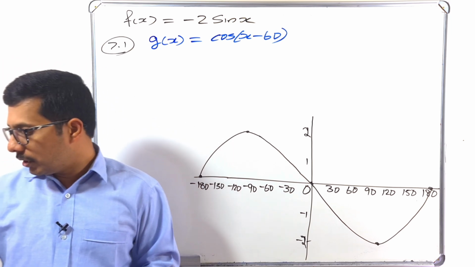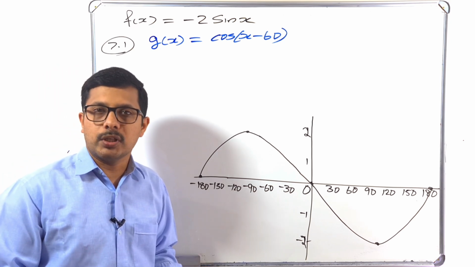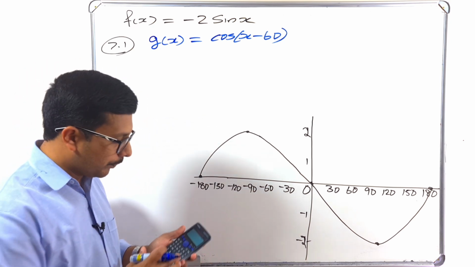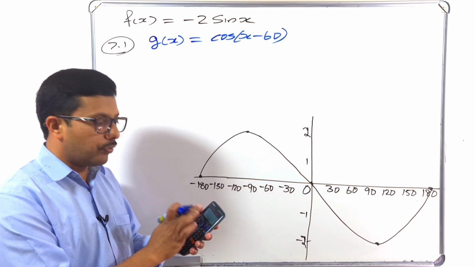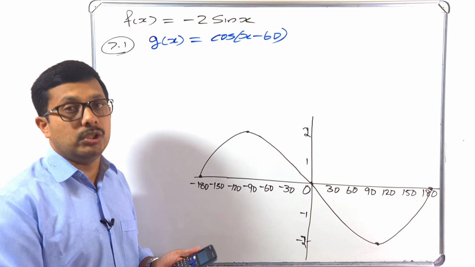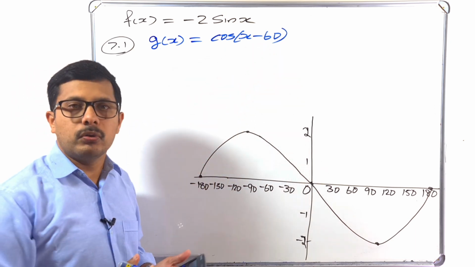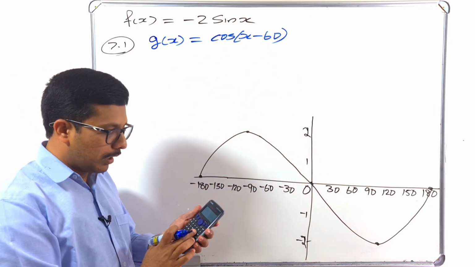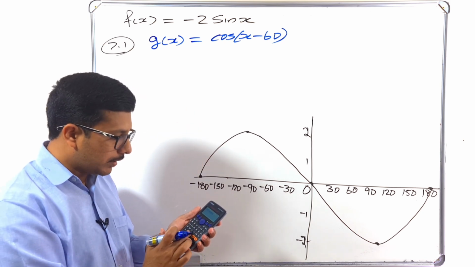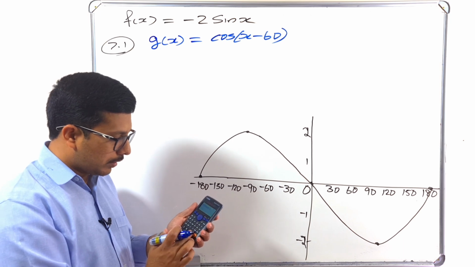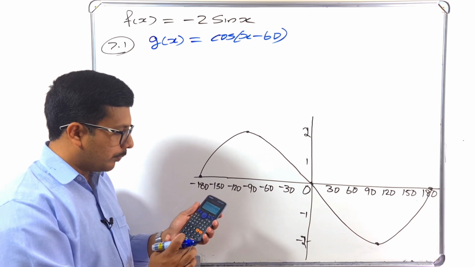What you have to do is take your calculator and type this equation. It doesn't matter whether g of x or f of x, you just type that equation in your calculator. Click on mode, then 3 table, then f of x is equal to, and type cos of x, x is alpha, that close bracket, x minus 60, then close that bracket.